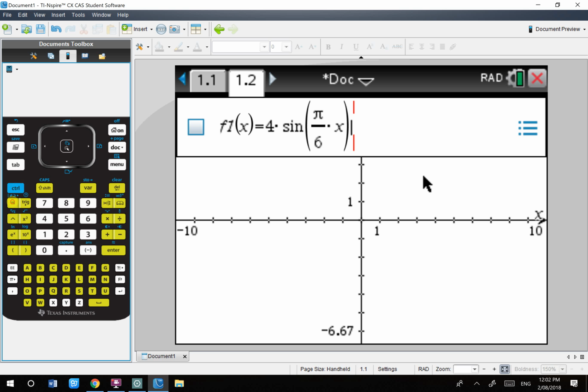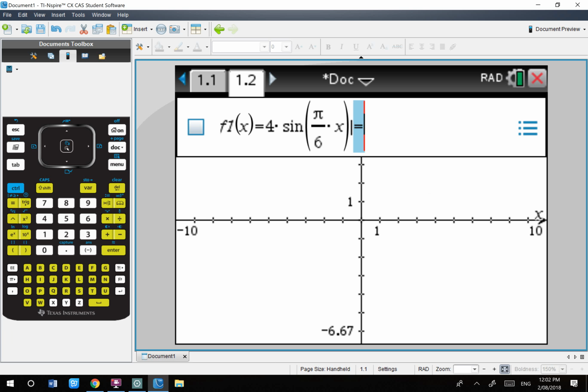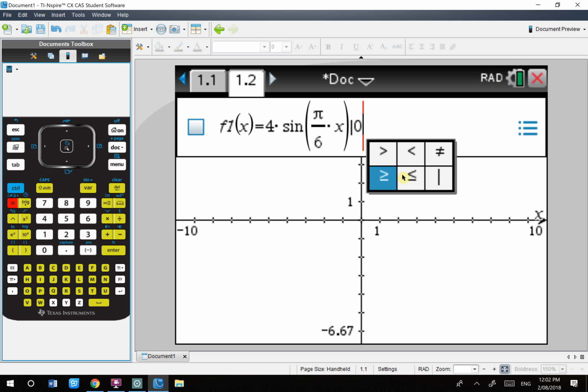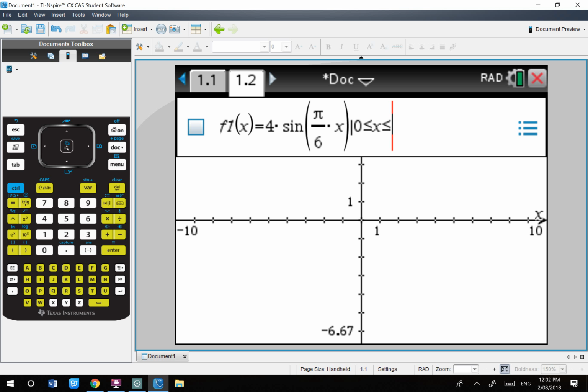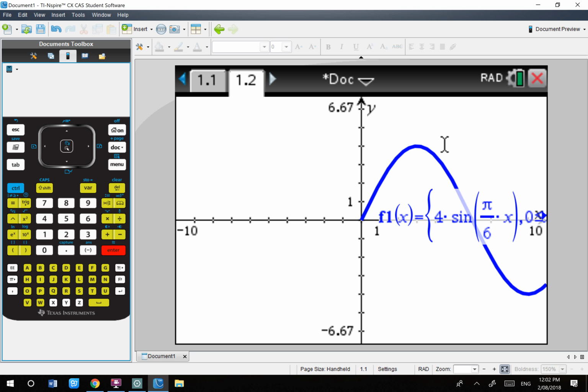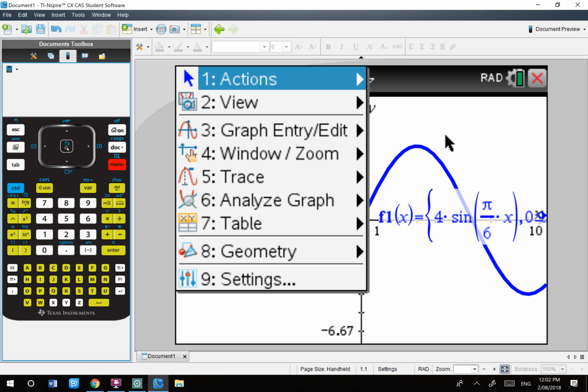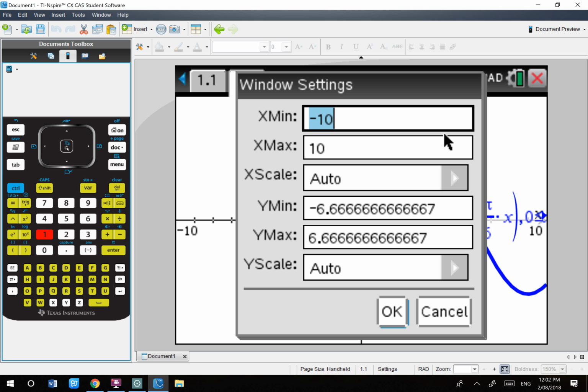So we want x from 0 to 24. Press enter. You can see part of the graph. Go to Menu 4, 1 for the window to adjust it.